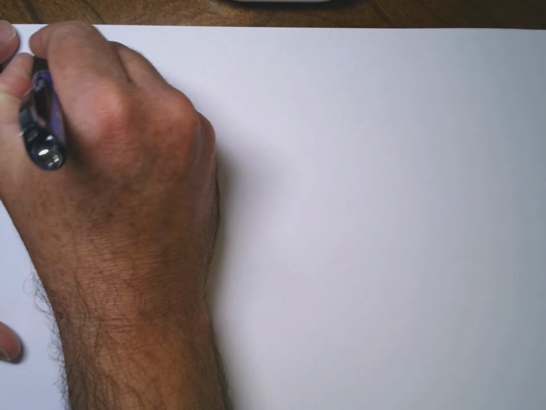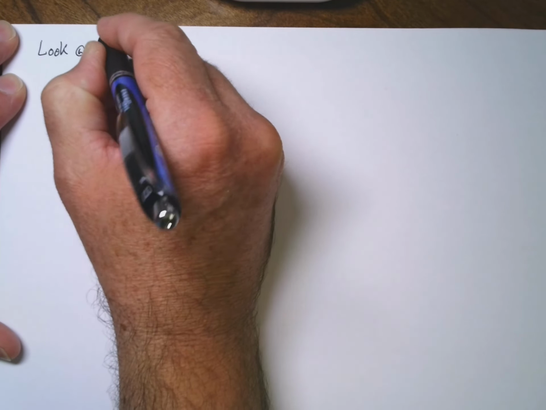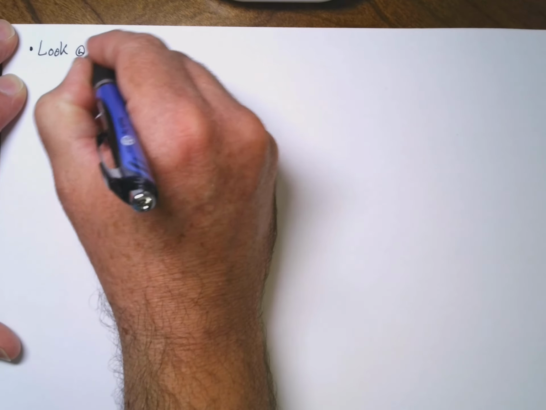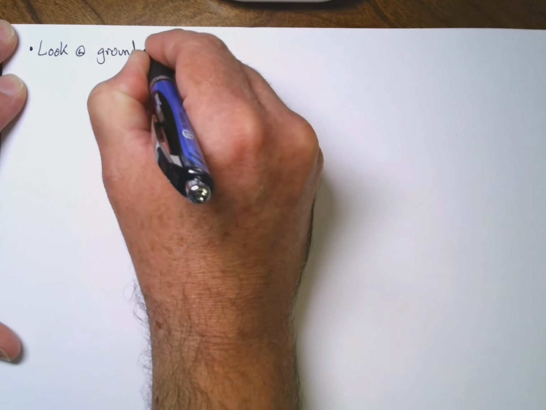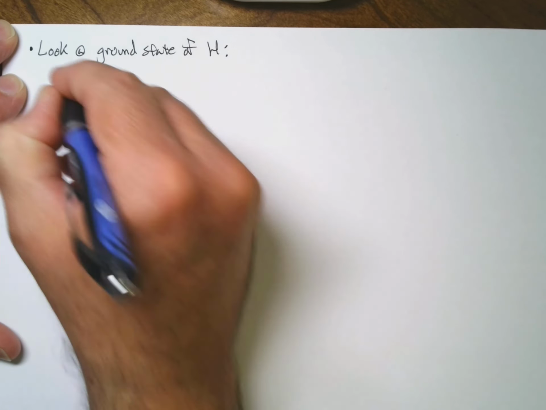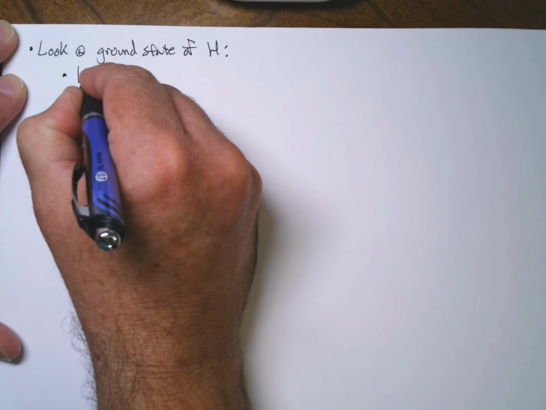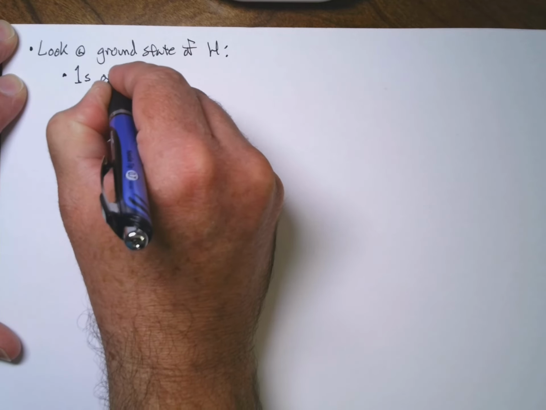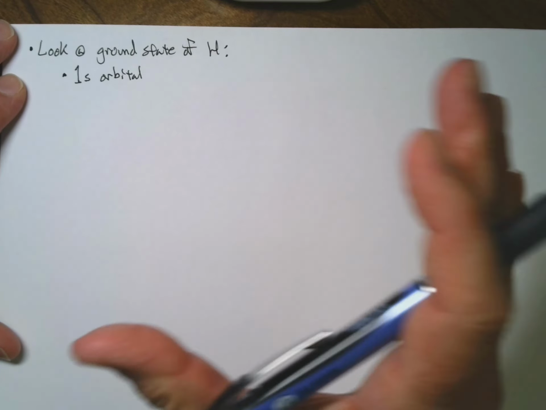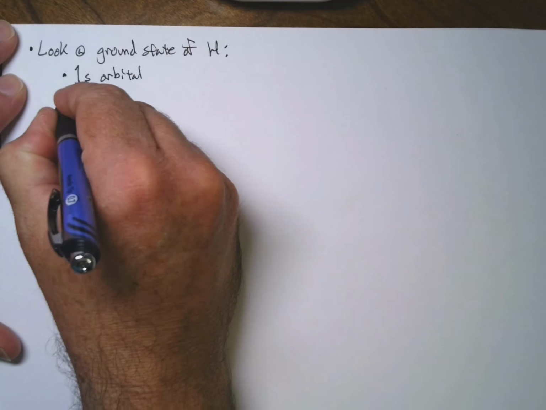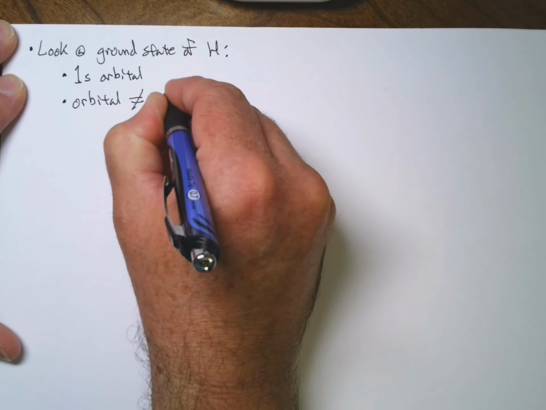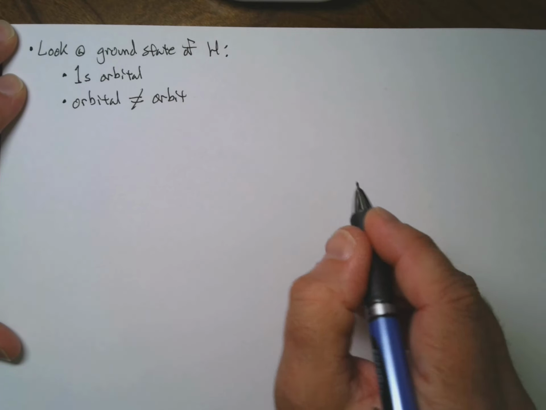So let's just look at hydrogen. We'll look at the wave function corresponding to the lowest energy for the hydrogen atom, so we'll look at the ground state of hydrogen. And this is known as the 1s orbital. And it's a spherical orbital. And we'll talk in the next lecture about the shapes of orbitals. Remember, orbital does not equal orbit, even though they sound similar.